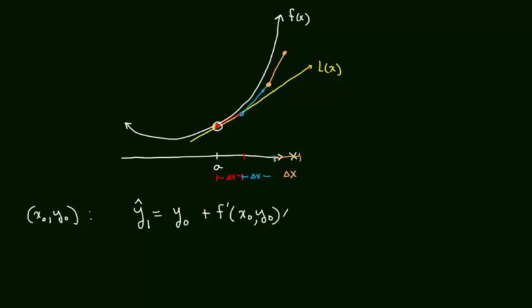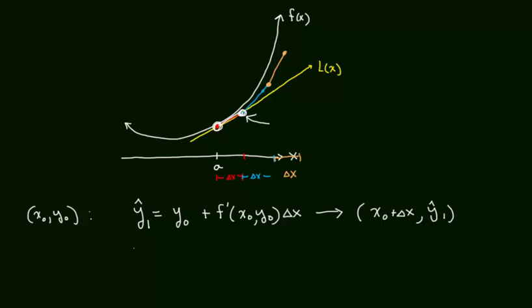Then we're going to take it out some distance, change in x. So this would give us what I've just highlighted there in white, ultimately pointing to a new point, which is x naught plus change in x, comma, y hat 1. That would be this point here.